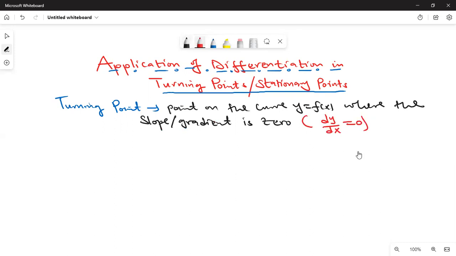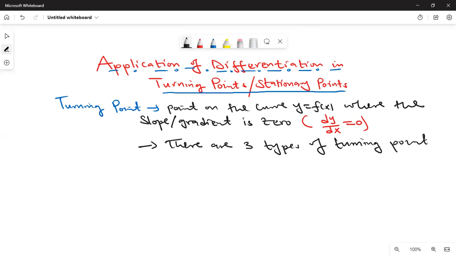So there are three types of turning points. The first one is what we call a maximum point.